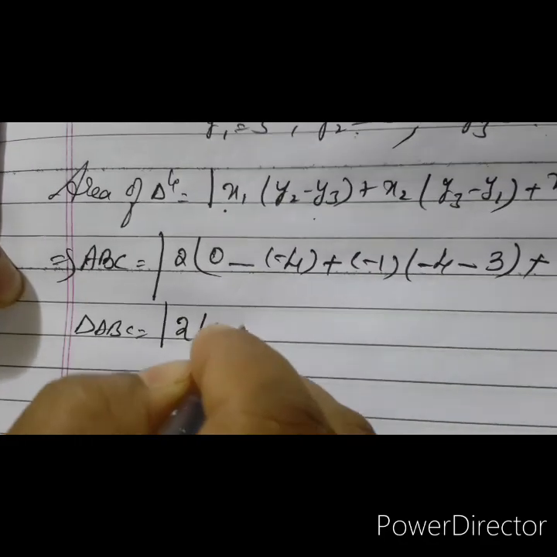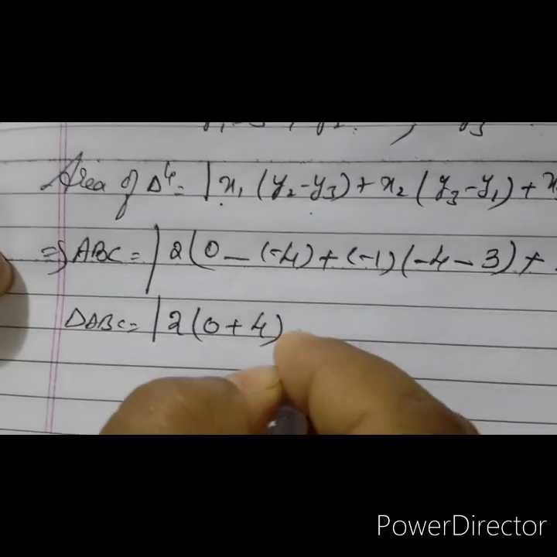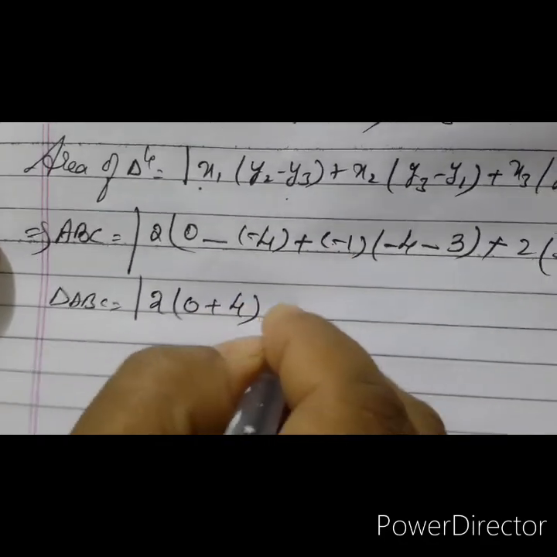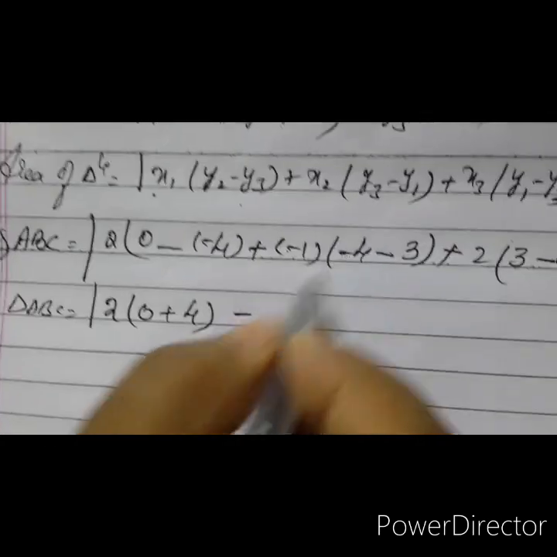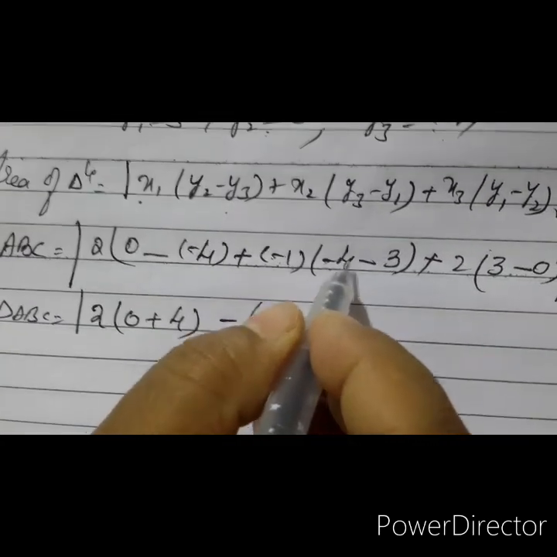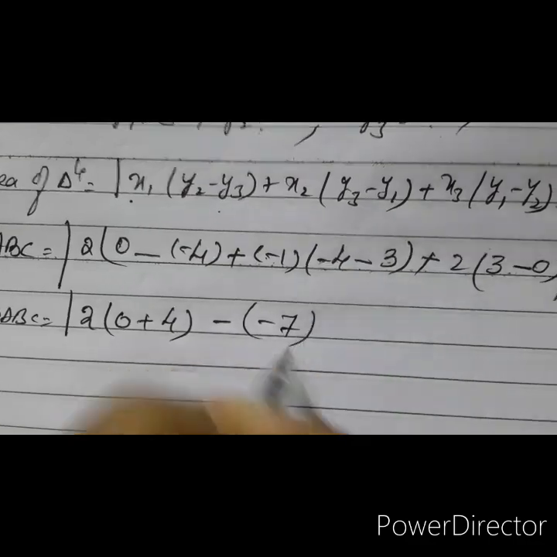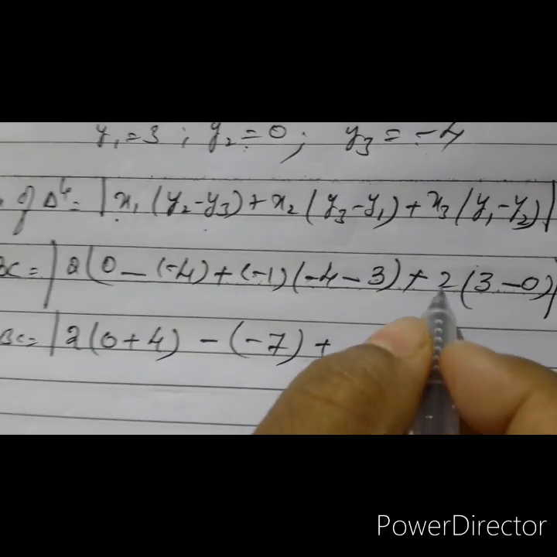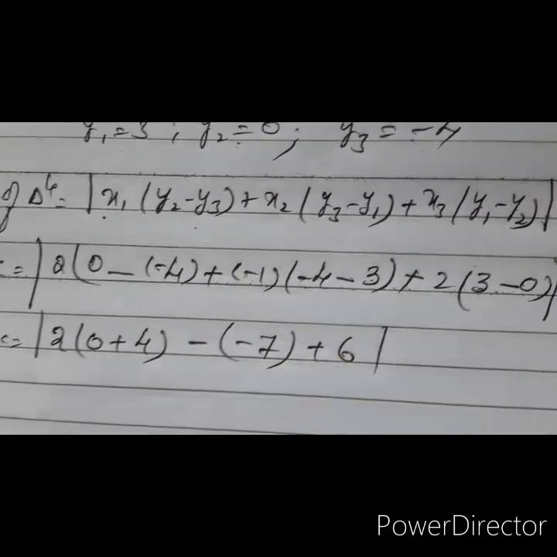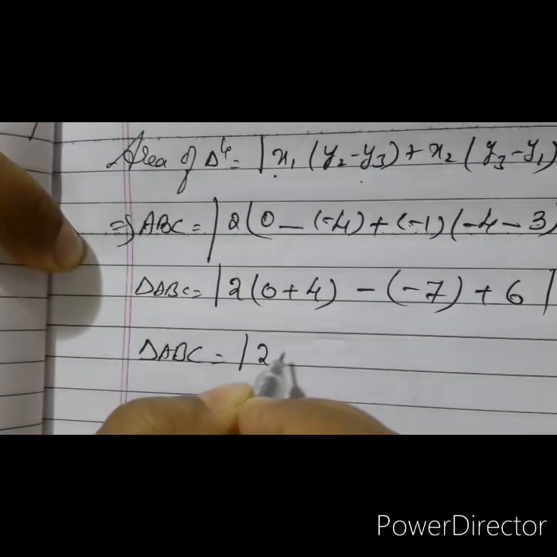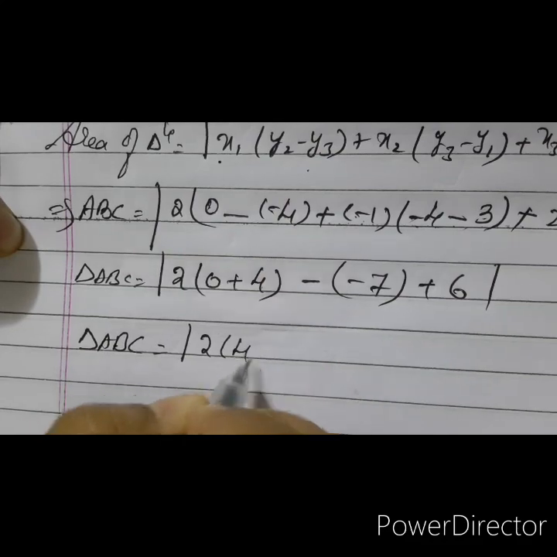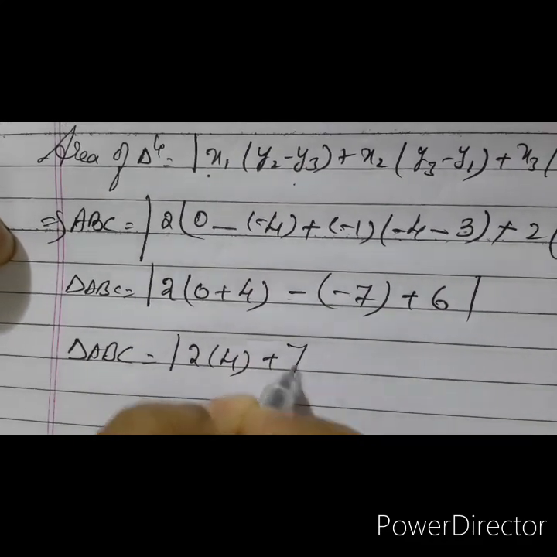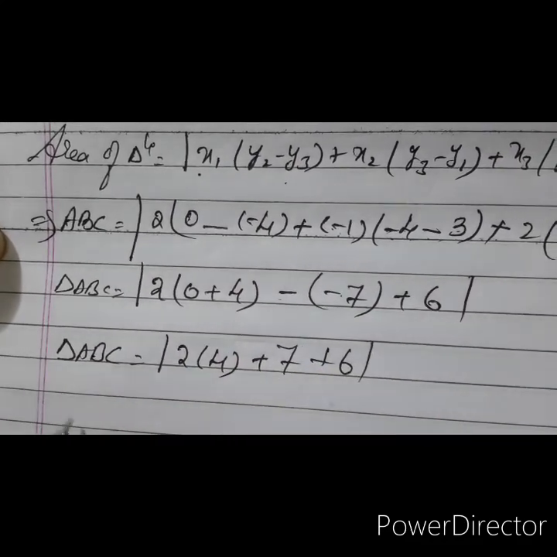Now, area of triangle ABC, open these brackets. 0 minus into minus is plus 4, plus minus 1 into minus 7; minus into minus is plus, add, you will get 7, plus 2 threes are 6. Next, area of triangle ABC is half of mod 4 plus 7 plus 6.